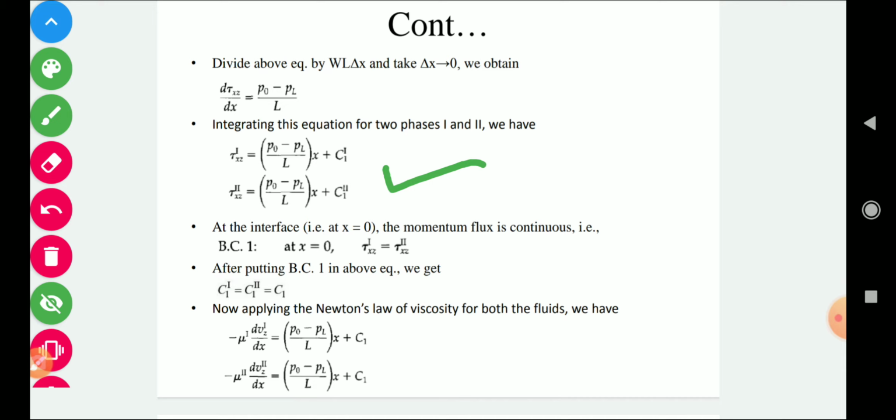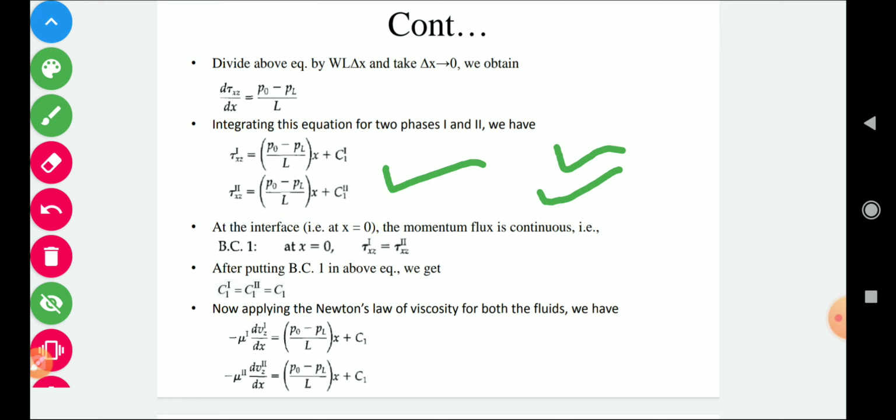This is for phase 1 and this one is for phase 2, because we have two immiscible fluids. Now we have two constants C1 and C2. To solve for the integration constants, we require boundary conditions.